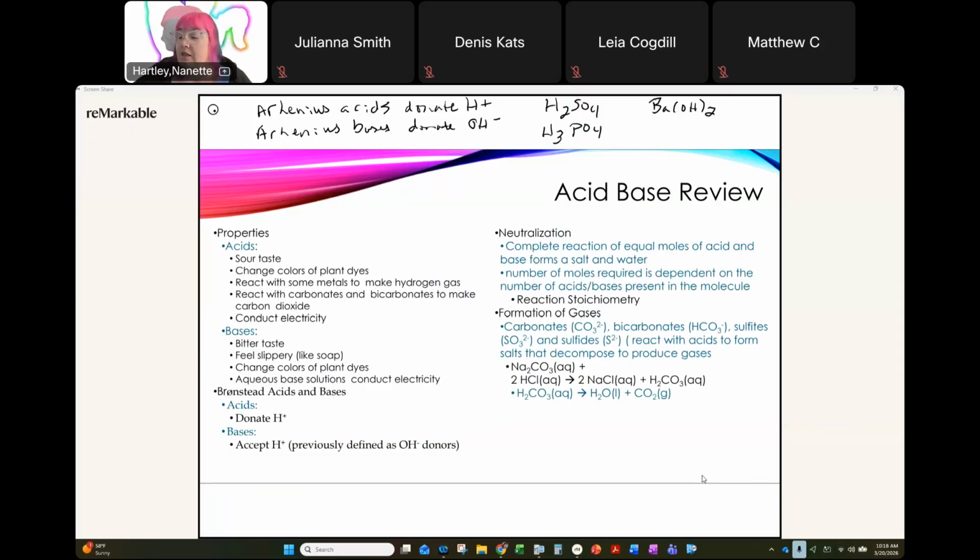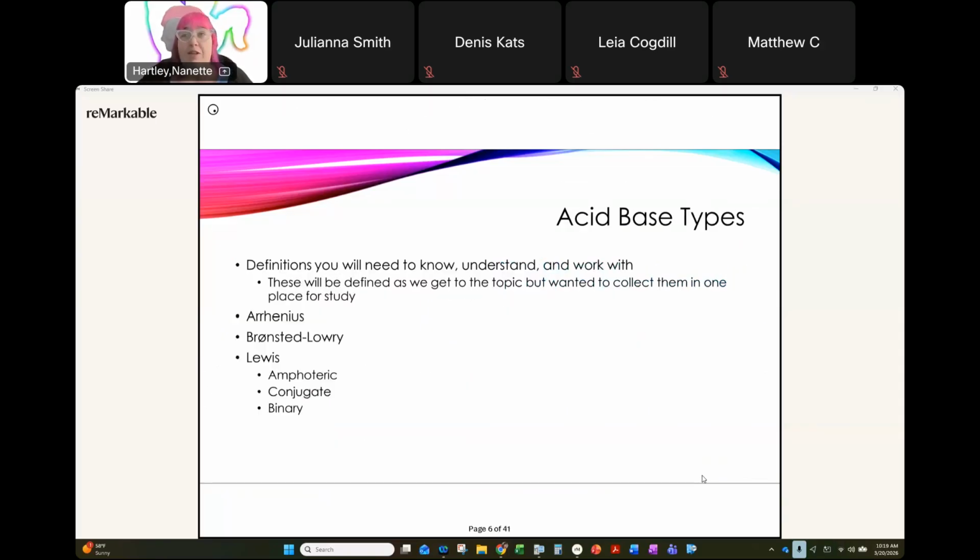Okay. So questions about our review, what we talked about in terms of acids and bases previously. Okay. So you'll be expected to know the definitions. So you would be expected to be able to tell me, is this an Arrhenius acid?